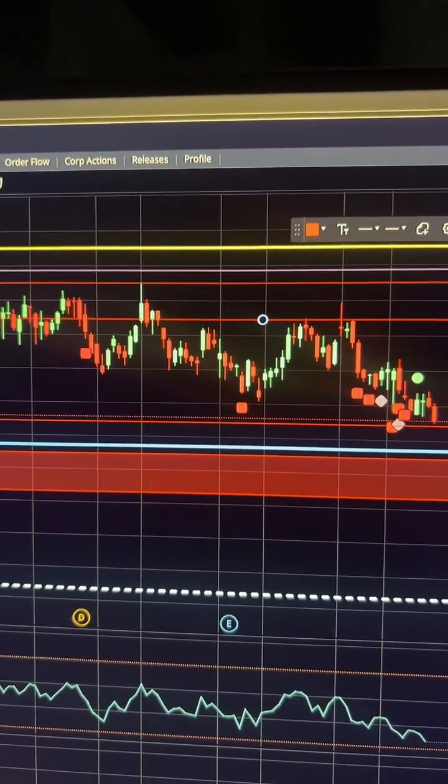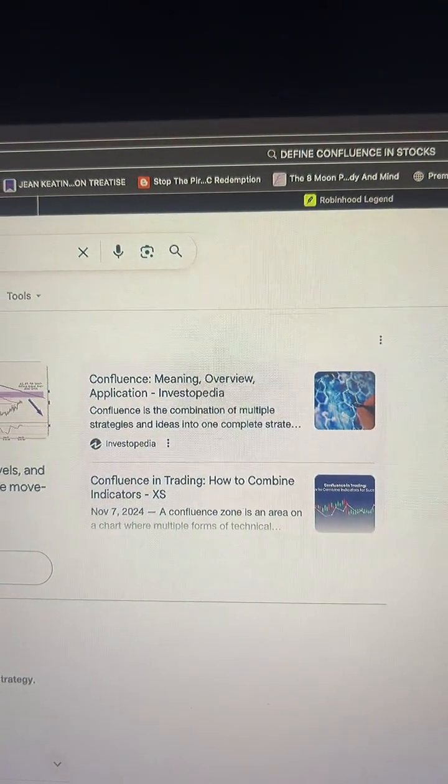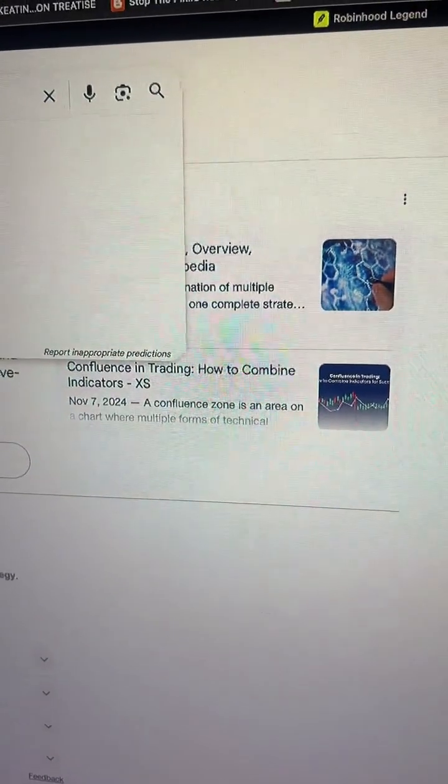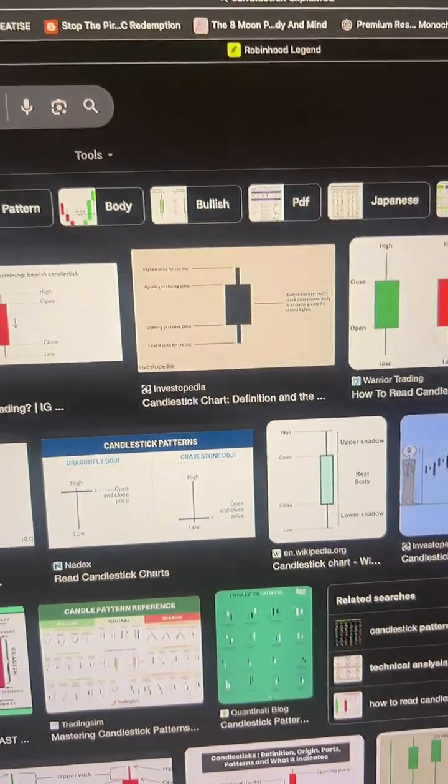Let me go back over that, y'all, because I feel like I really wasn't supposed to skip the very beginning. I just automatically assume that y'all understand how to read a candlestick. But we're gonna assume that y'all don't, and we're gonna keep it very simple.